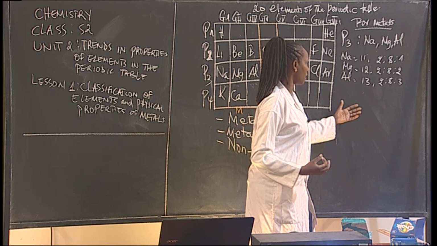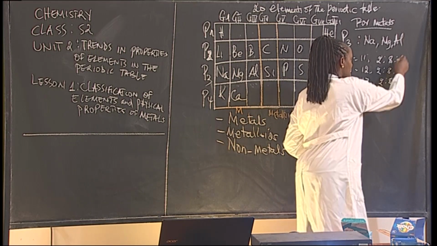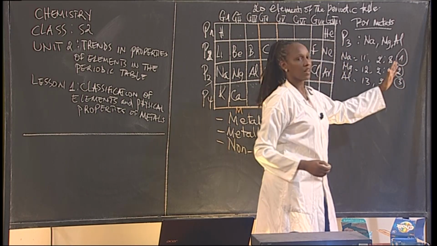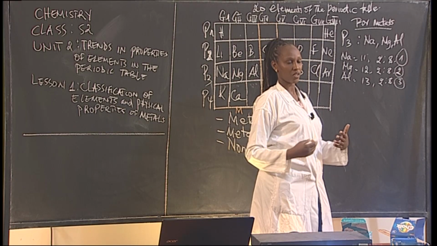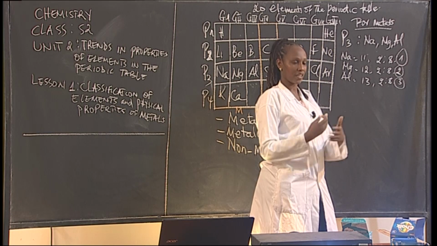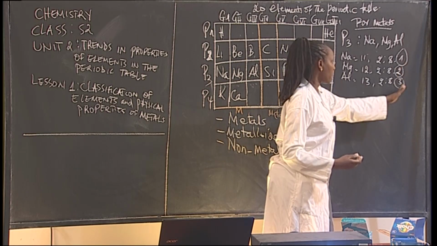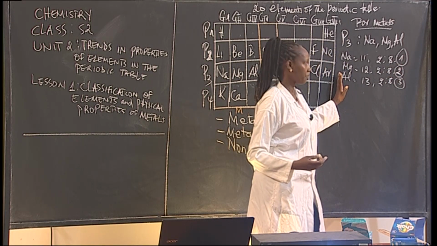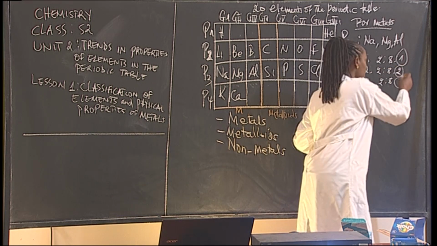For example, here, when we look at the outermost shell, normally it's the outermost shell that loses electrons or that is involved in the reaction. So for all of these 3 elements, you see sodium has got only 1 electron.